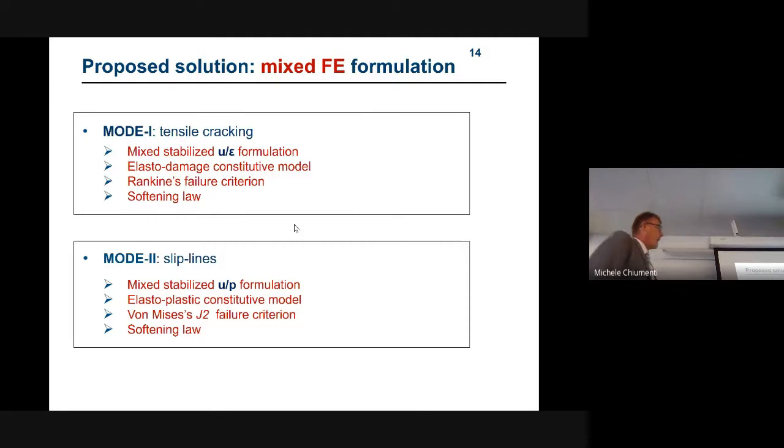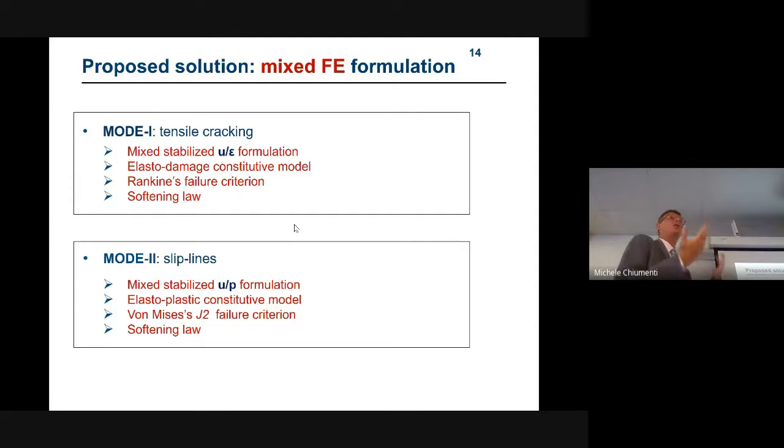So our solution, and I will show you just a brief review of our solution, is to tackle this through displacement strains finite elements, and to tackle mode 2, we are using displacement pressure formulation. So in both cases are mixed elements, which use more degrees of freedom at the nodes.